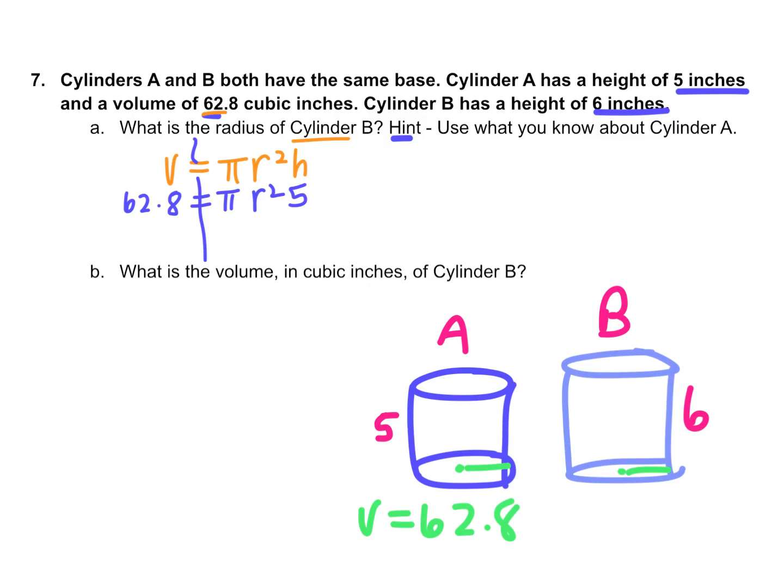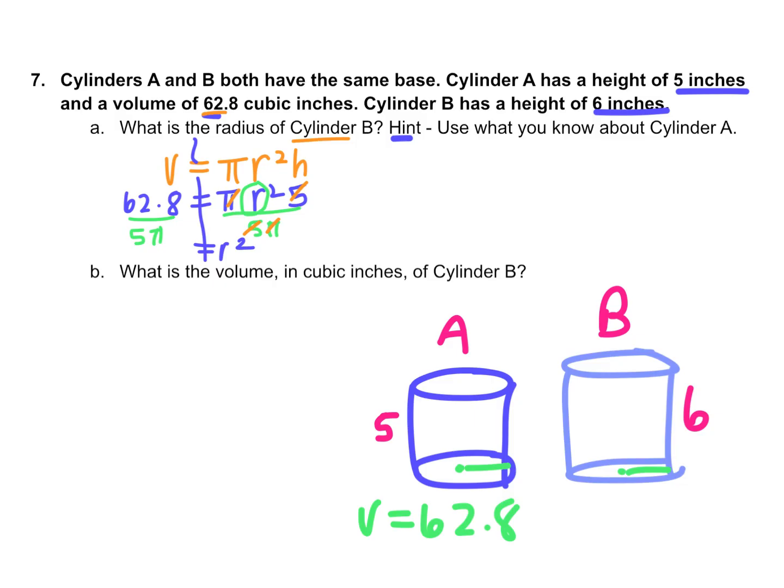Now, if I use inverse operations, I will be able to get the r by itself. So this means I have to divide out the 5 and divide by pi on both sides of the equation. That will allow me to cancel out the 5 and the pi to get r squared by itself.